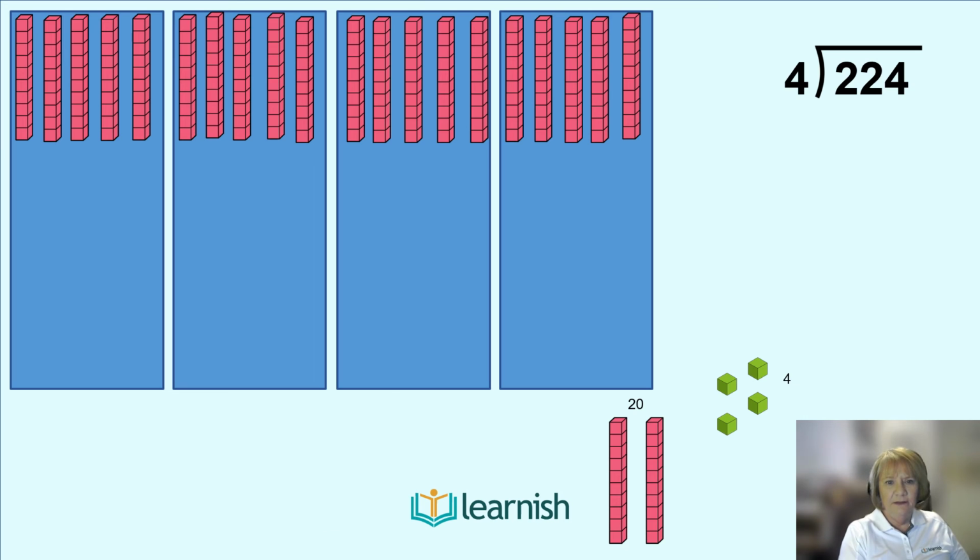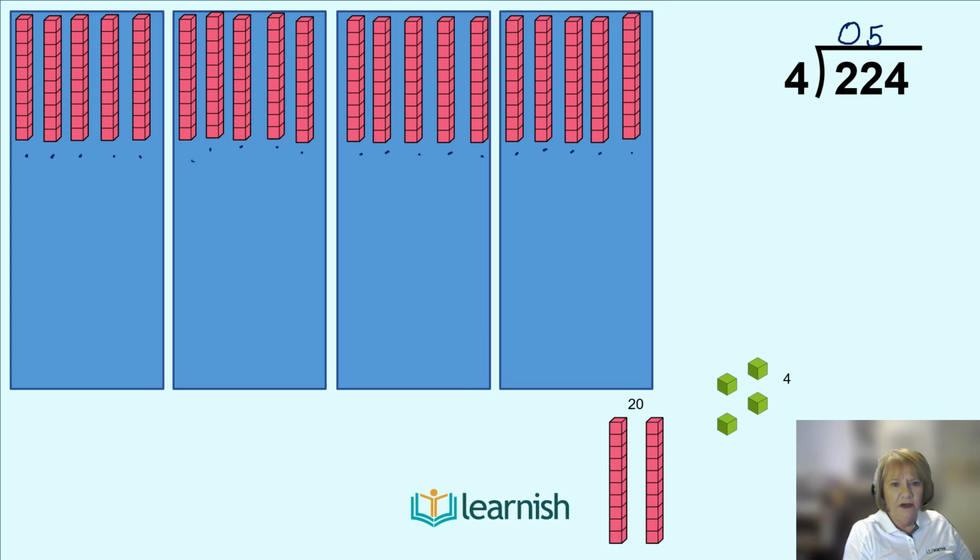I divided my base 10s up evenly, and you notice that each of the groups has 5 tens. So I have no hundreds. I'll put a 0 here, and I have 5 tens.